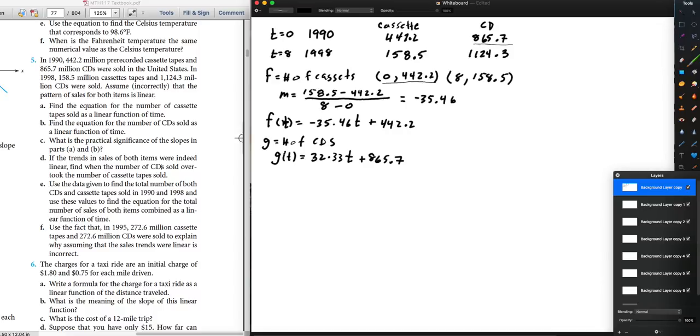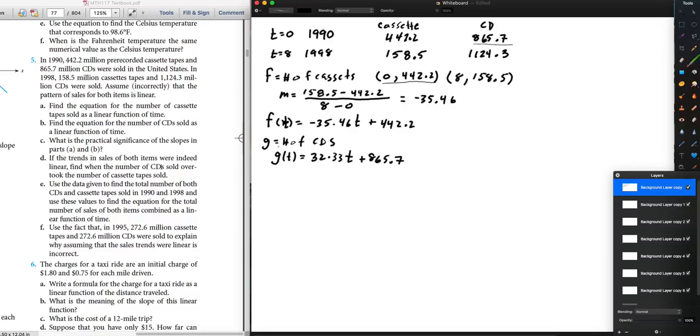Now for C, what is the practical significance of the slopes in those two? Basically, all he wants you to do there is to interpret what the slope means. For F, which represents the number of cassettes, each year the number of cassettes will decrease by 35.46, decrease because the slope is negative.